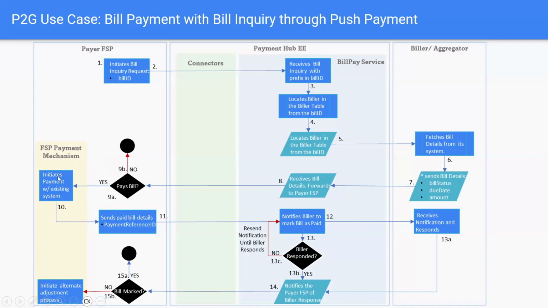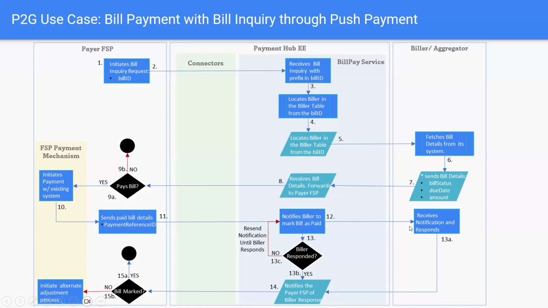Once the payment is made, it is on the onus of the payer FSP to generate a payment reference ID, or let's say a receipt number, which it will now transfer back to the payment hub, so that the payment hub could let the biller or the aggregator know that they've made the payment already. At this point, it is not necessary that the biller aggregator has received the payment per se, but it receives the notification that yes, your bill has been paid.